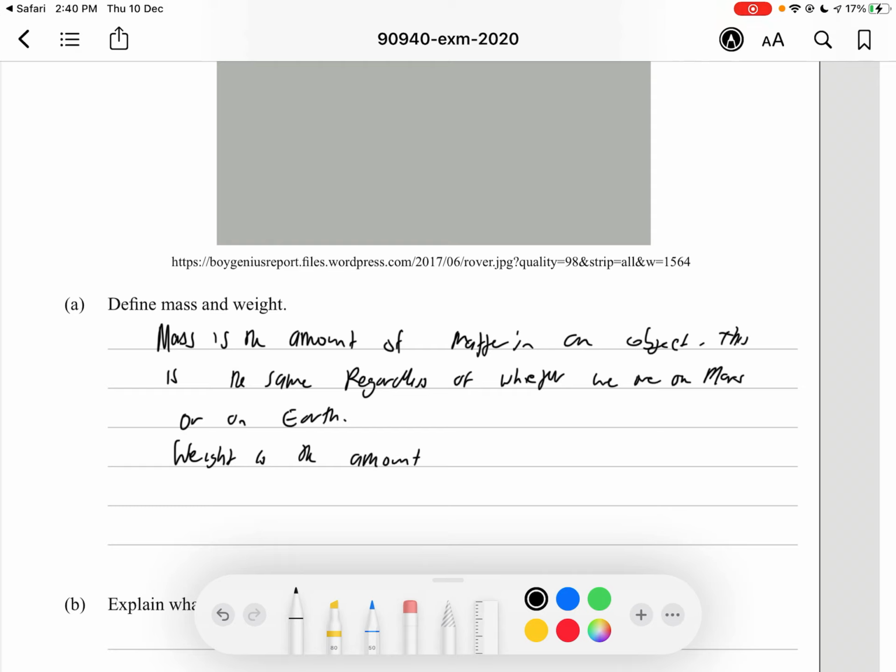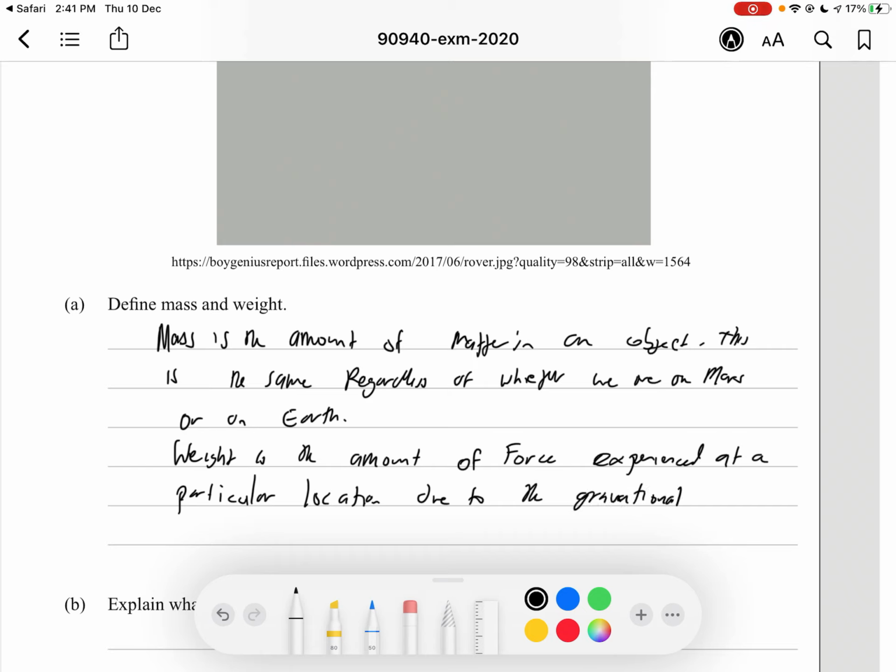Weight is the amount of force experienced due to the gravitational field.